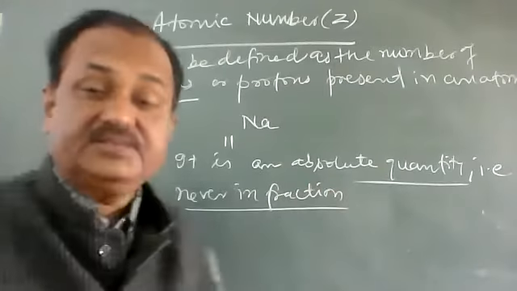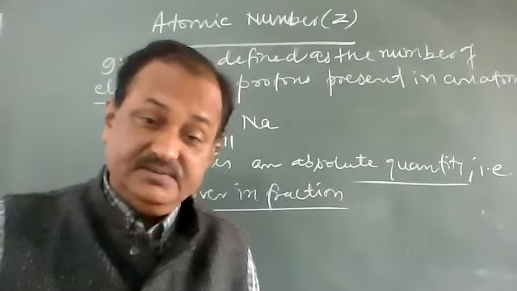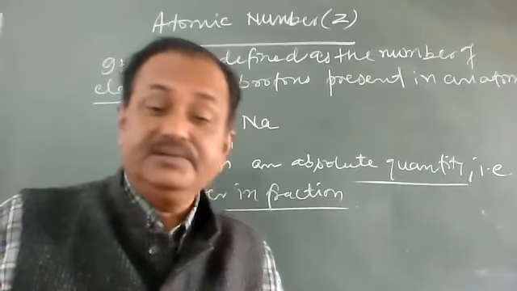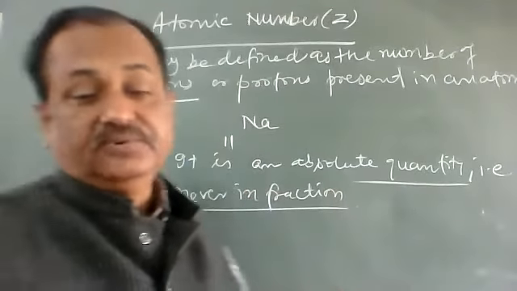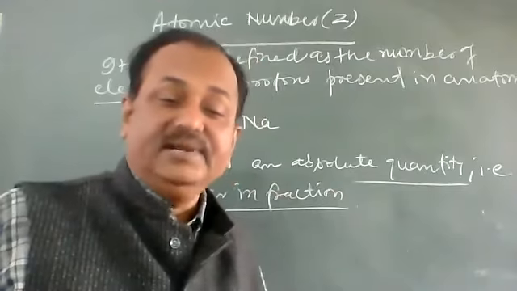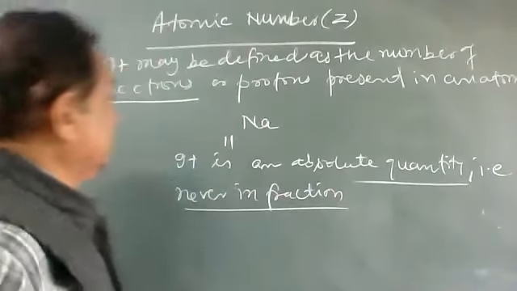It is always fixed, an absolute value: 1, 2, 3, 4. Not 1.2, 1.7 like that. So this is atomic number.